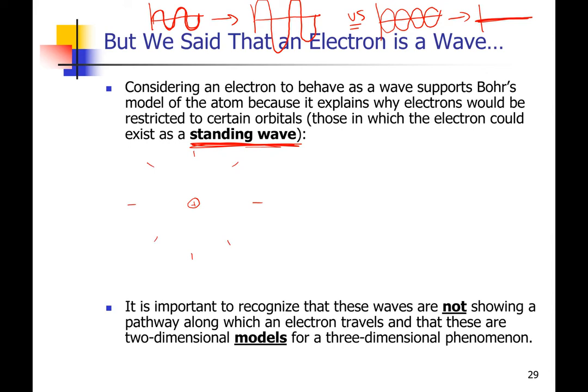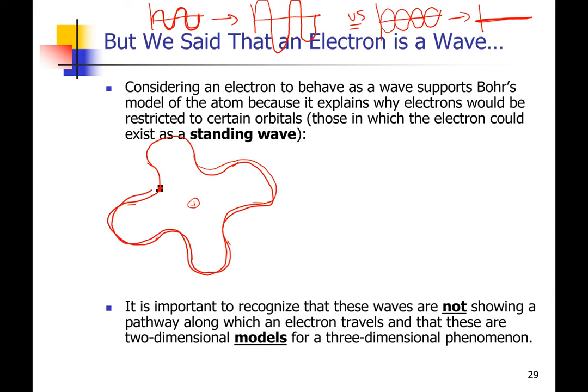Those ticks aren't really there. They're just drawing aids. If we have our wave going around like this, you can see that it's constantly reinforcing itself. And so the wavelength associated with this particular wave will be an allowed wavelength.